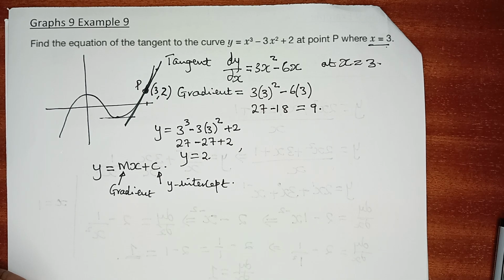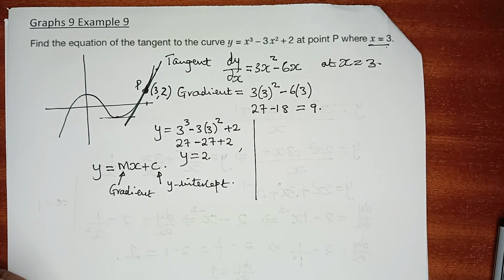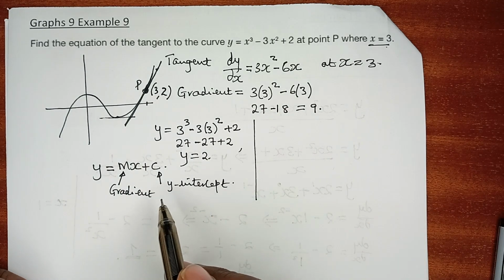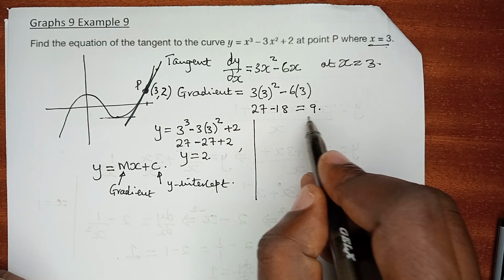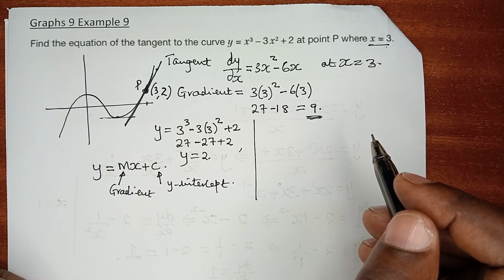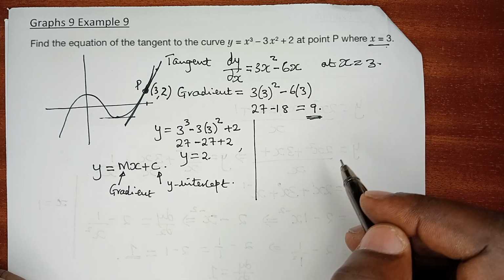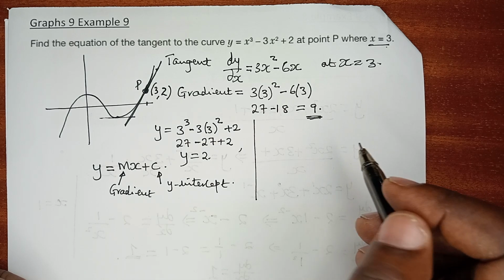We would now want to find the equation of this tangent. We don't know the value of c, but at least we know the gradient. Remember, the gradient is 9 because, as we have understood, the gradient of the curve is equal to the gradient of the tangent at the very point of contact.